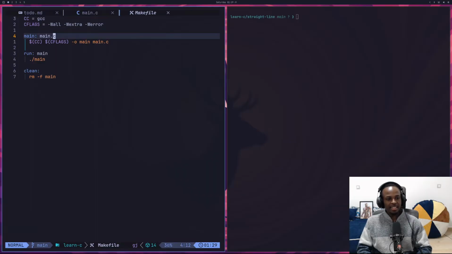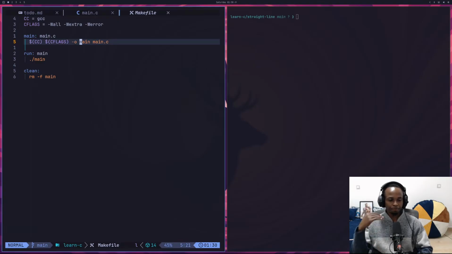And then we have a task here called main, which depends on main.c. So that's the entry point for our program. So when main.c changes, then we also want to rerun whatever this main task has. And this main task is just taking the compiler we set, GCC, passing in the flags here. And then after compiling, I want you to output the binary into a file named main, and we are compiling main.c.